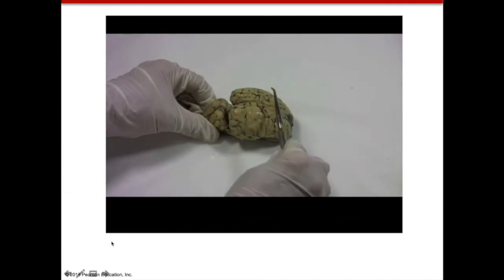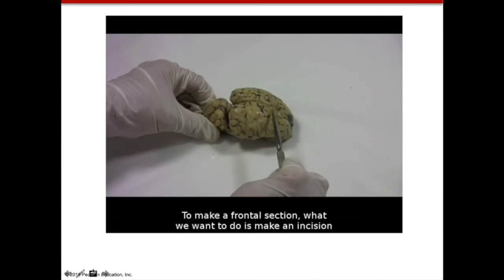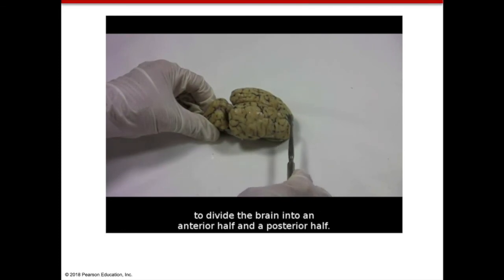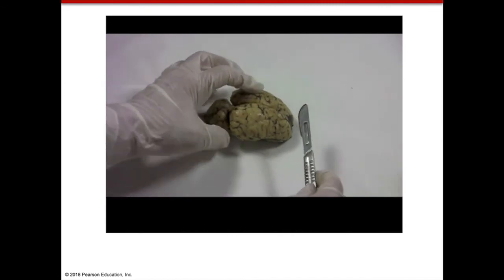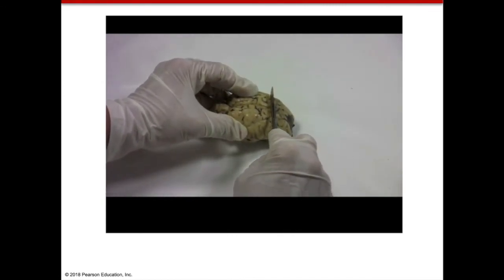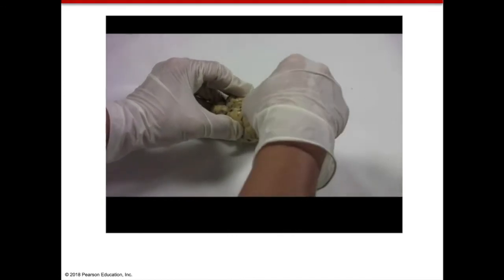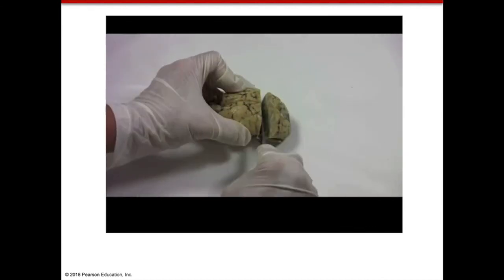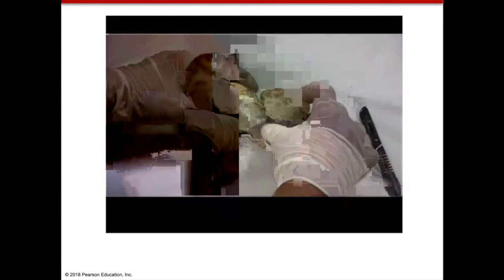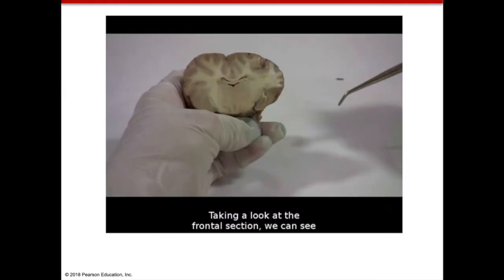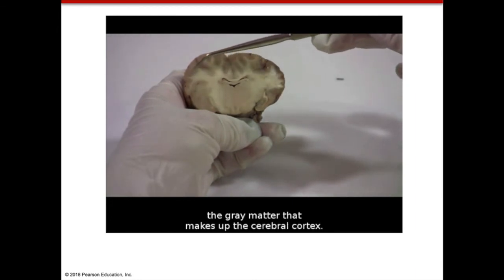To make a frontal section, what we want to do is make an incision to divide the brain into an anterior half and a posterior half. Taking a look at the frontal section, we can see the gray matter that makes up the cerebral cortex.